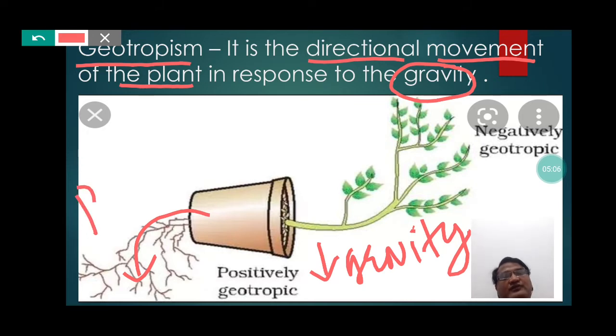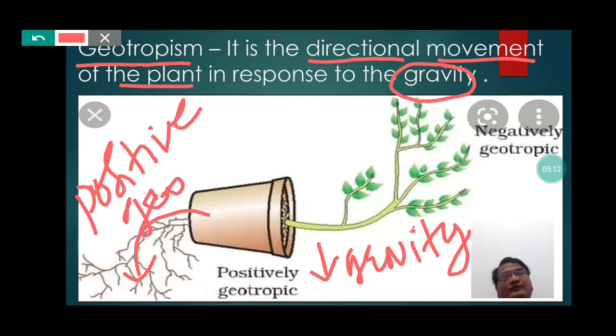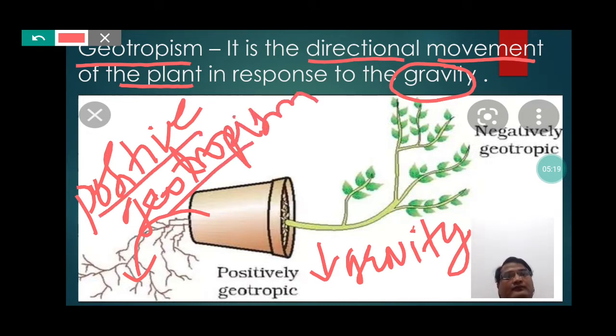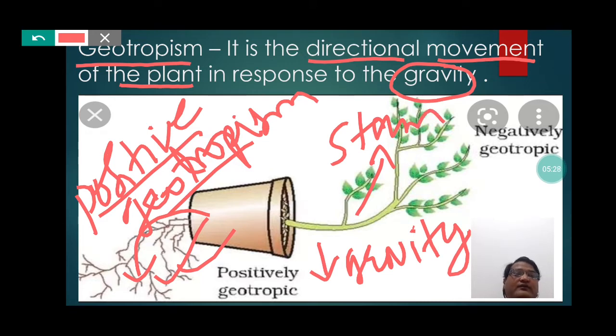So this is showing positive geotropism. And the stem, students, is going away from the gravity, that is why it is showing negative geotropism.